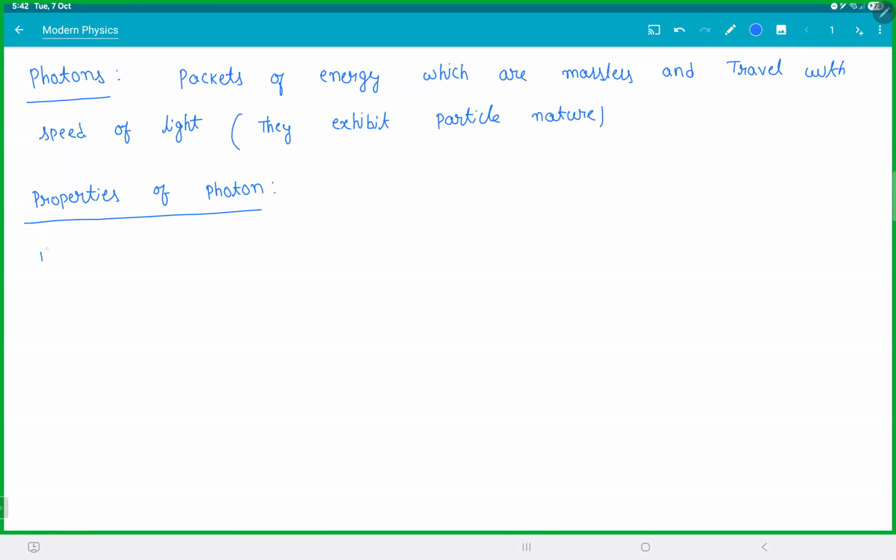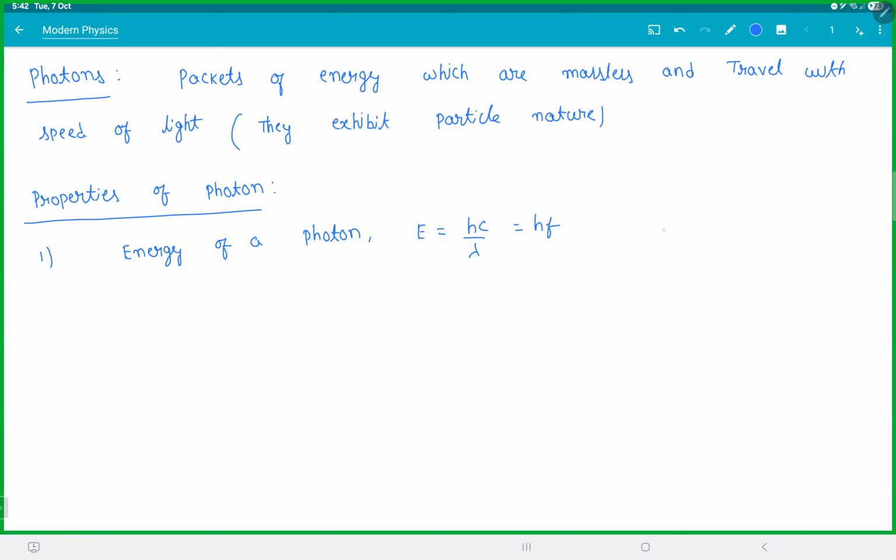The first thing, this you studied in chemistry: the energy of a photon is given by E = hc/lambda, or h into frequency.